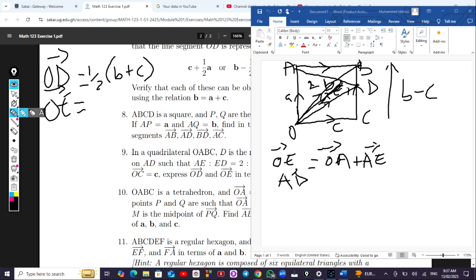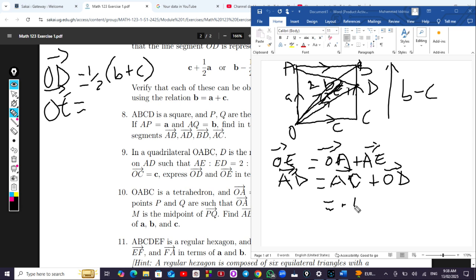Something's wrong with my pen. AD is equal to, so using the triangular law of vectors, you can say that AO plus OD. This gives us AD using the triangular law of vectors. AO is the negative of OA.